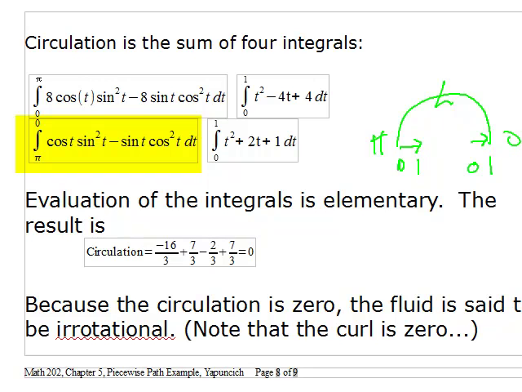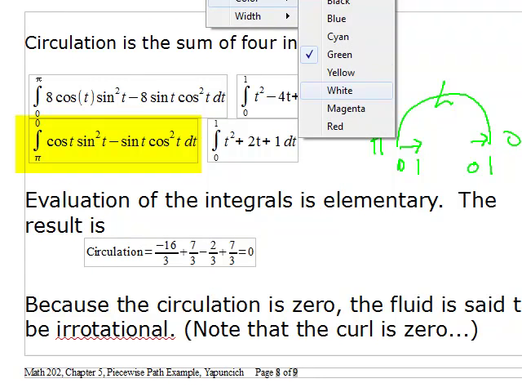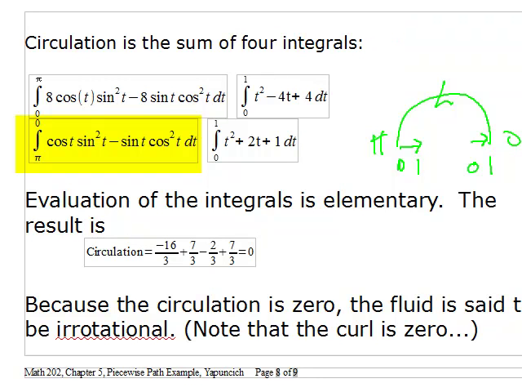If you set this up differently, for r2 and r4, you might have to integrate from 1 to 0. But now the inside is an issue. If we integrate from 0 to pi, then we'll go clockwise, but we want to keep this counterclockwise direction going, so we integrate from pi to 0. That's what we do here.